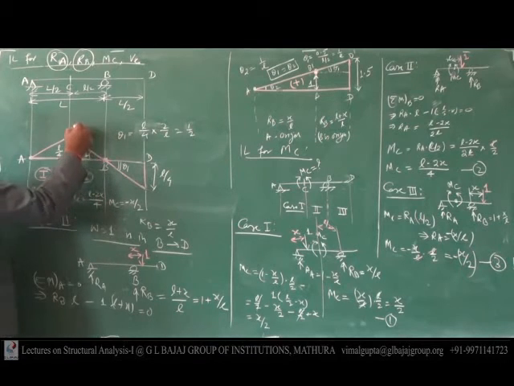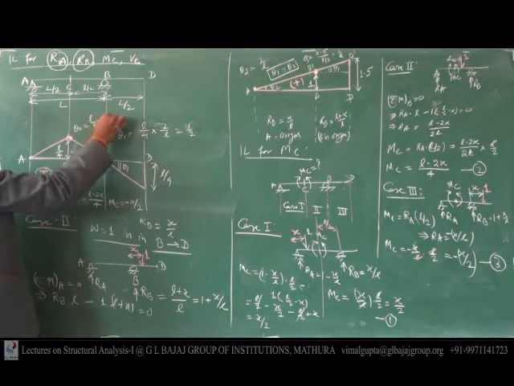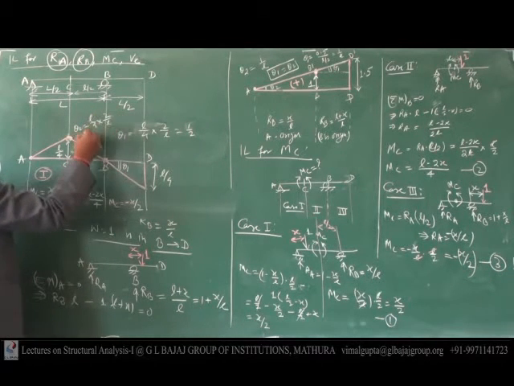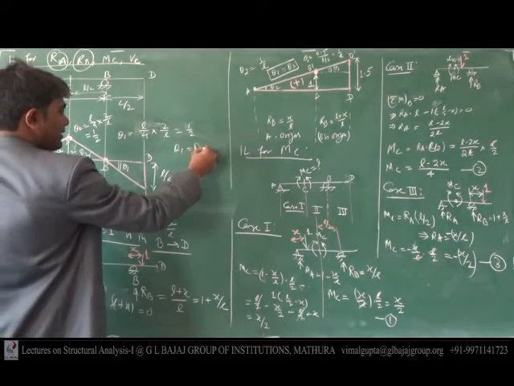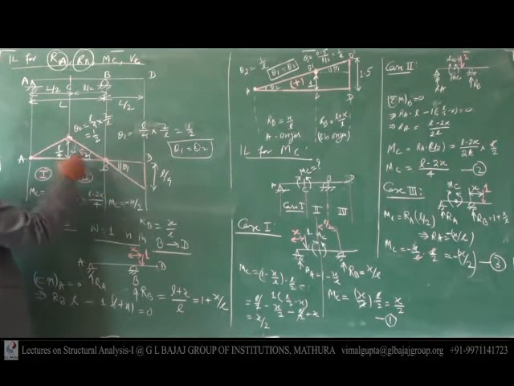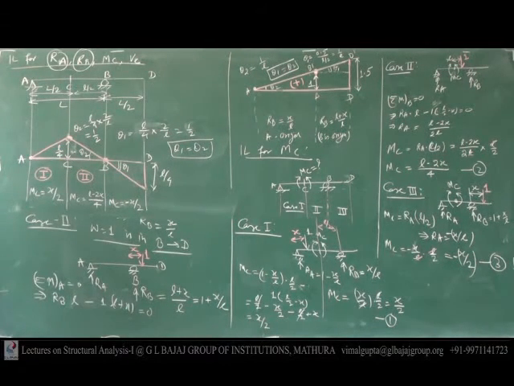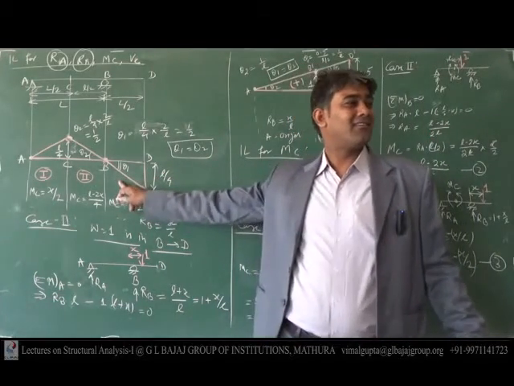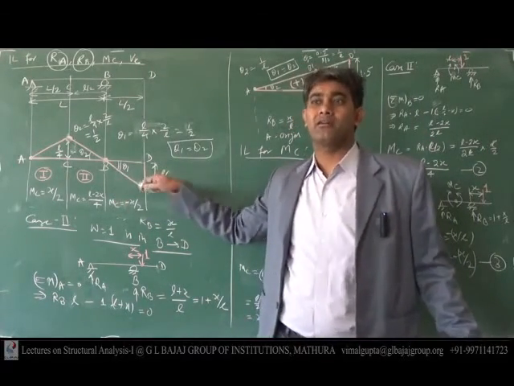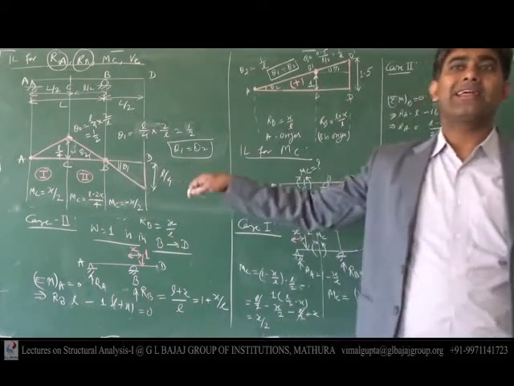So the value of theta 2 from here is L by 4 divided by L by 2, which is 1 by 2. It means theta 1 equals theta 2, so it is a straight line. The same plot we got in the Muller Breslau principle. The Muller Breslau principle makes it very simple; such calculation was not required.